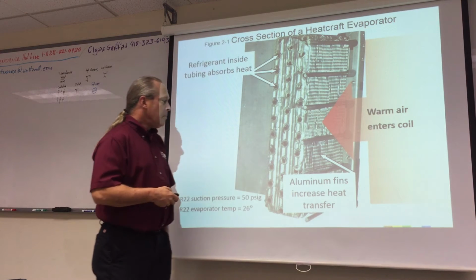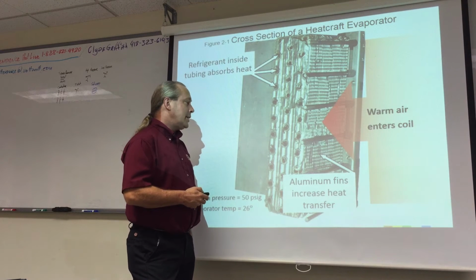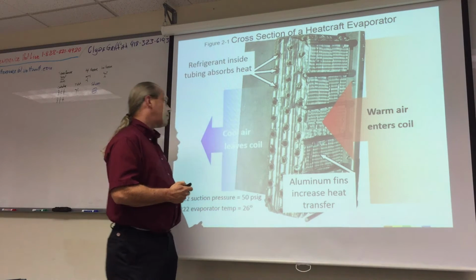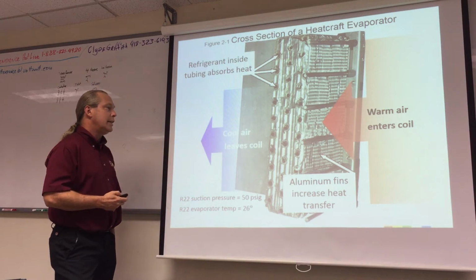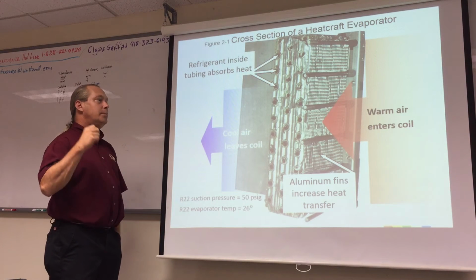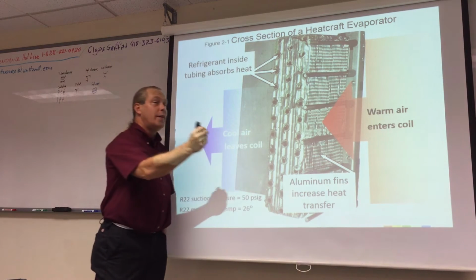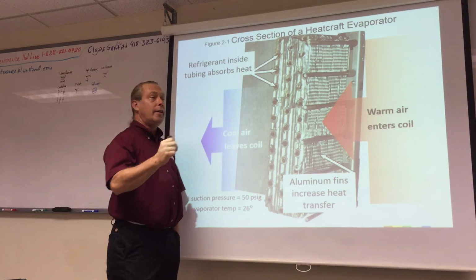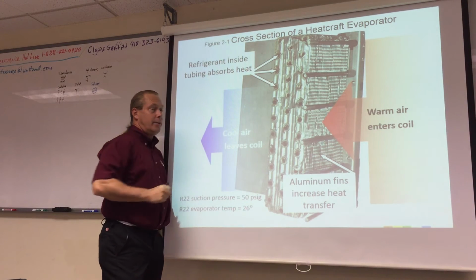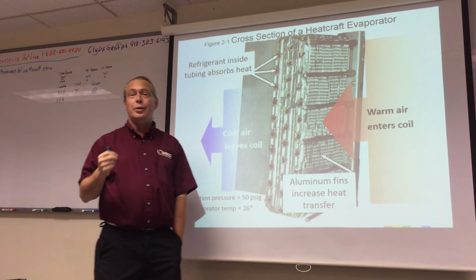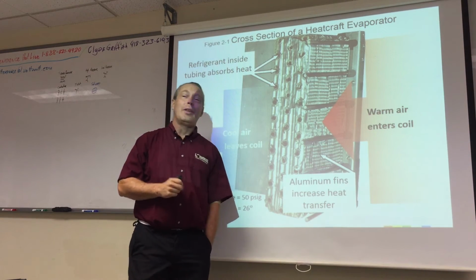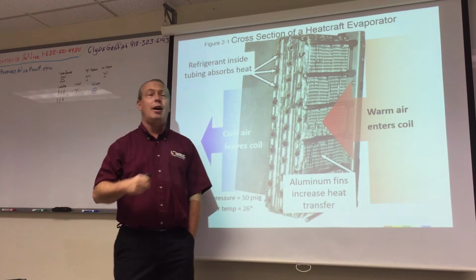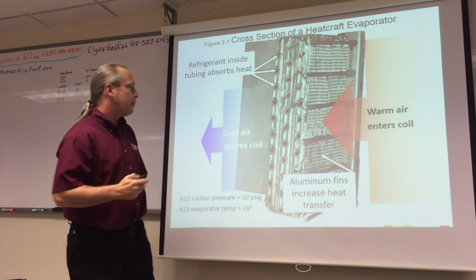Aluminum fins increase the heat transfer, and cool air leaves the coil because the refrigerant has absorbed the heat from the air that went into it. Remember, there is no such thing as cold, only the presence or the absence of heat. All right.